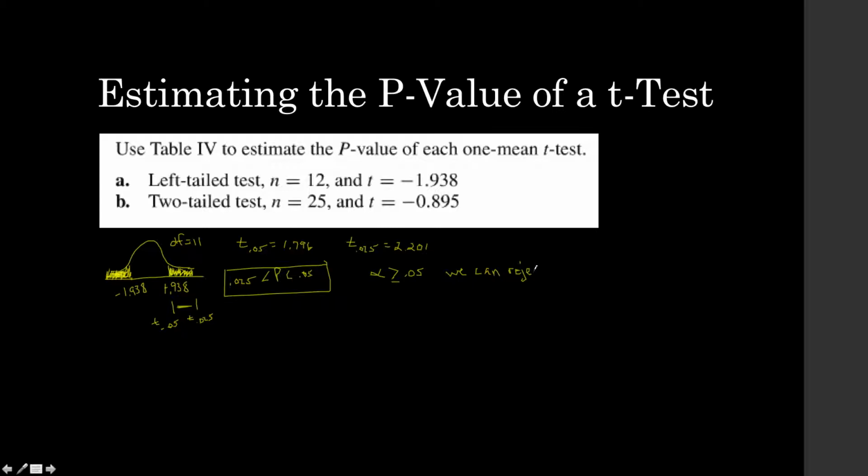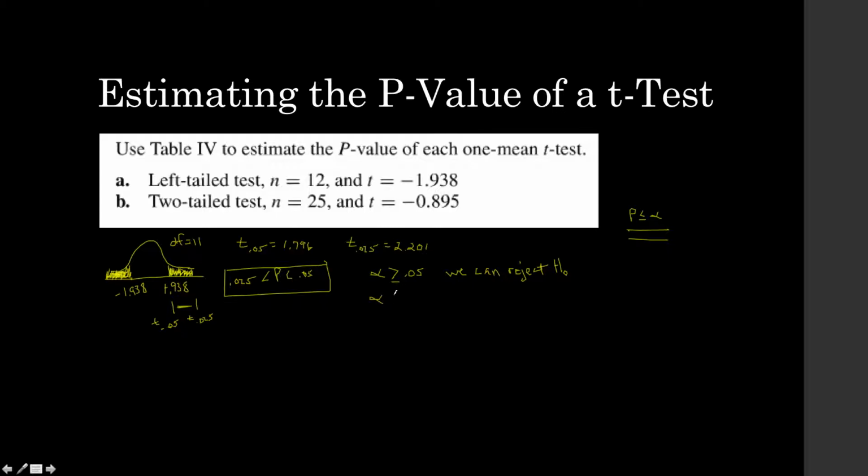Why do we say that? Look at the range our p-value is in. What does our definition say? If p is less than or equal to alpha, we can reject. So if alpha is greater than our largest possible p-value, then no matter what the p-value is in here, it's going to be smaller than alpha, so we can reject it.